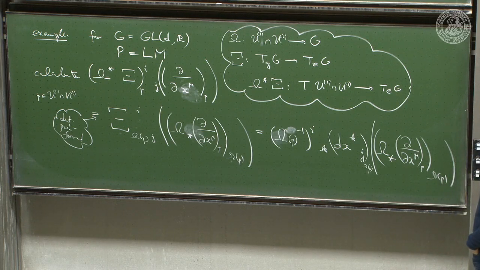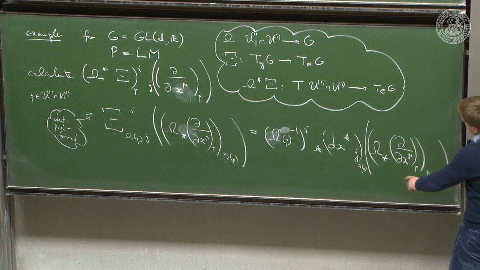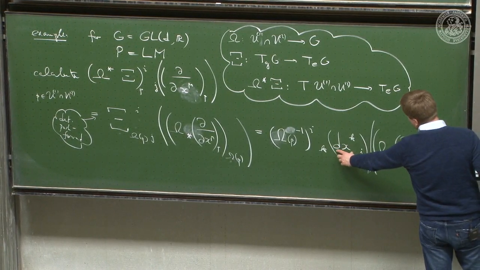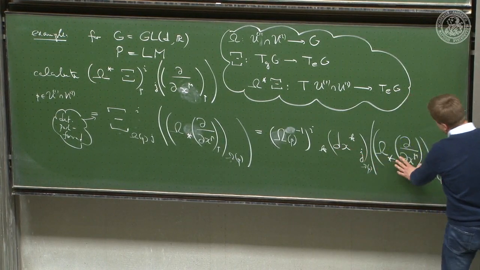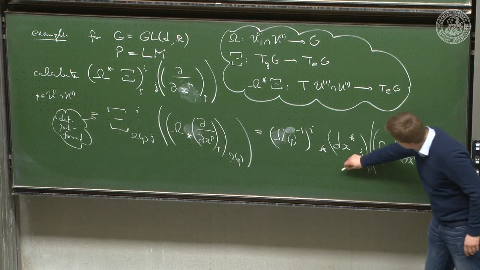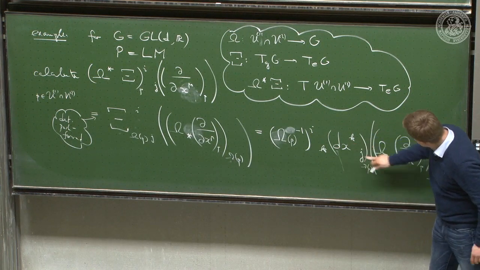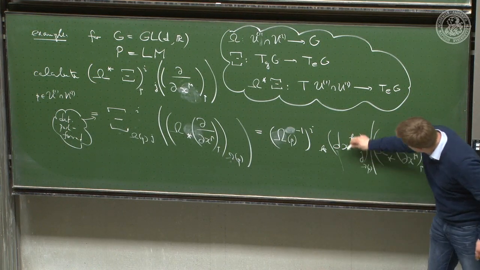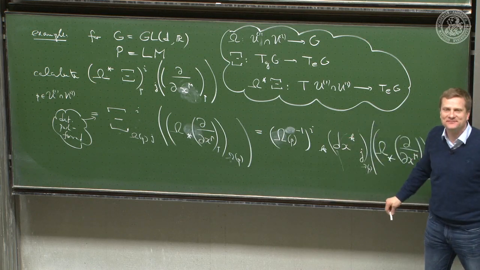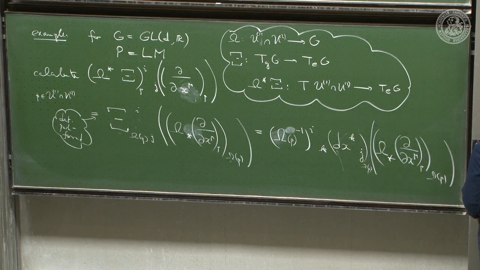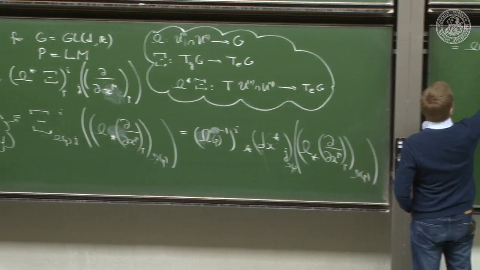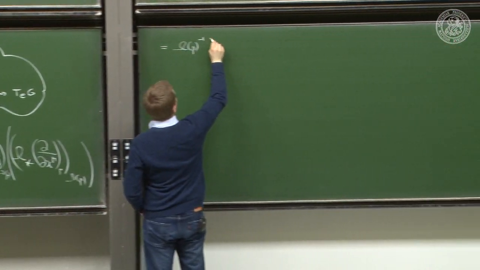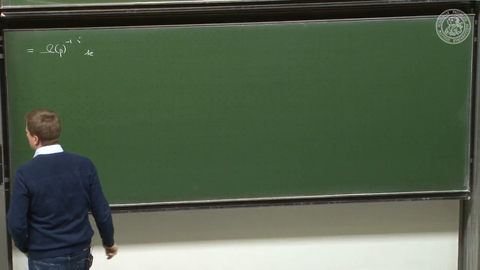So, how does it go on? Yeah. So now here you have a covector, so you have a dx kj acting on a vector. What's the definition of this d? Well, it's that this vector actually acts on this function, right? So this is omega of p inverse, ik-th component.